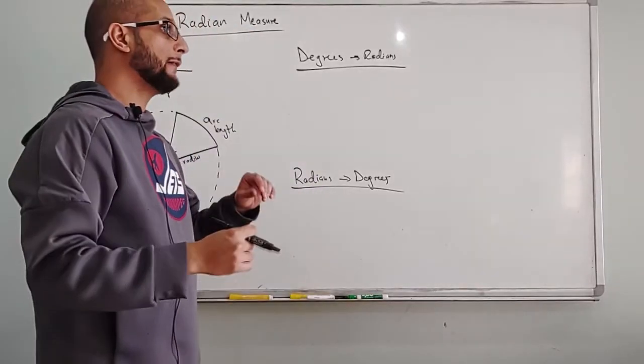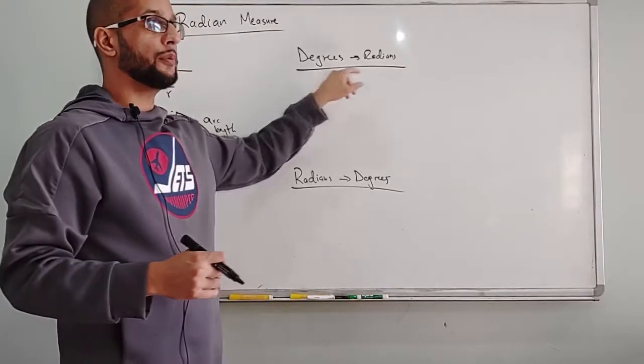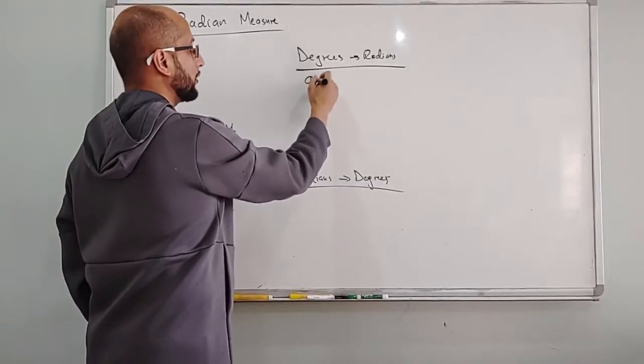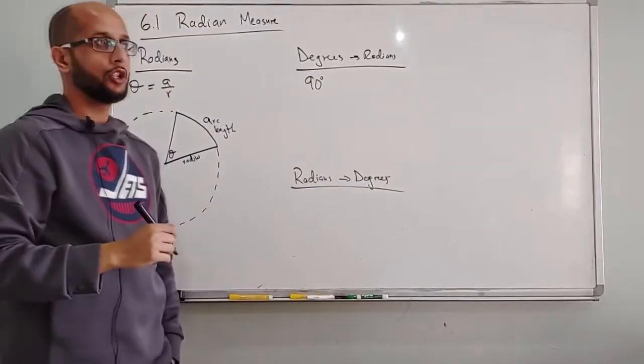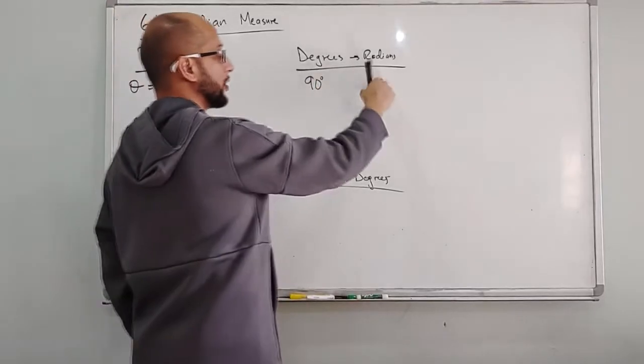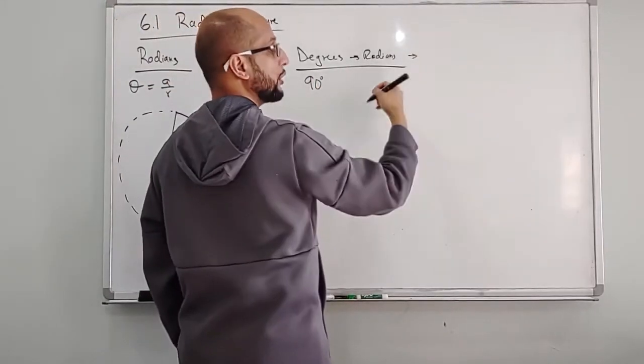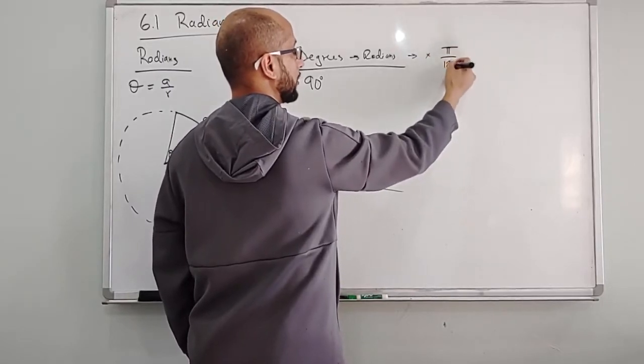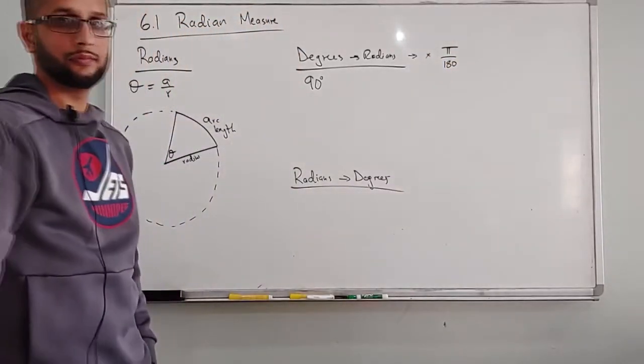So a few things to look at. One is how do you convert from degrees to radians? So let's take something straightforward like 90 degrees. To convert from degrees to radians, you're going to multiply by pi over 180. Okay.